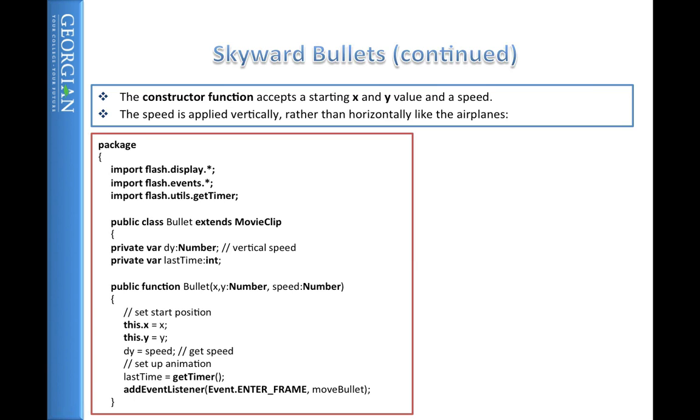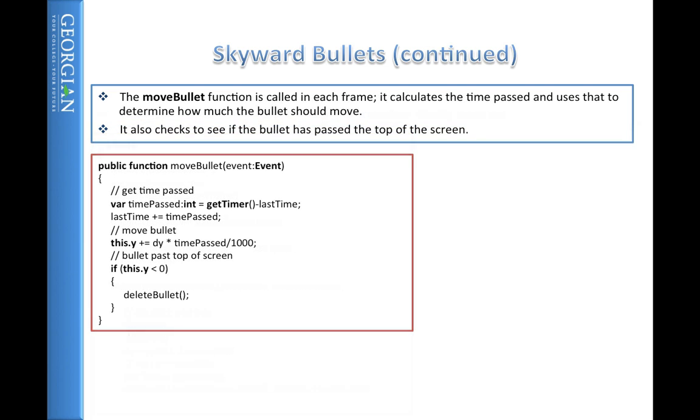Okay, so let's take a look at the move bullet. Move bullet looks exactly like what we expect it to look like. We listen for the time change, and then what we do is we change the Y direction. Right? We add in the Y direction according to the time passed. And the delta Y is going to be a negative because it's going to go up.